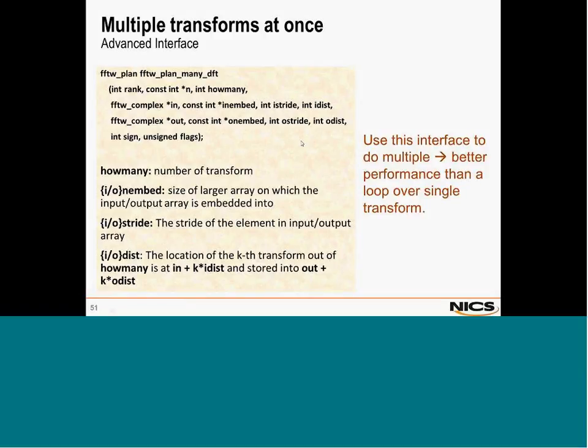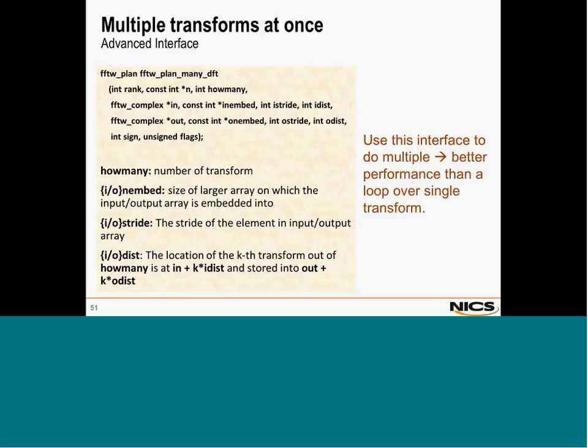So this is the kind of interface that FFTW has, where howmany is the number of transforms, the input and output embed is the size of the input and output array, and you pass in the stride, and you can also pass in the location of the k-th transform out of how many.